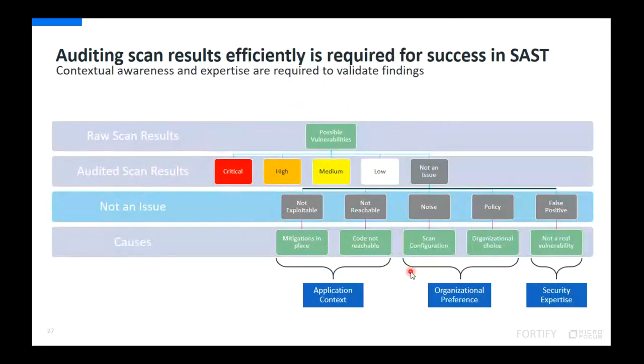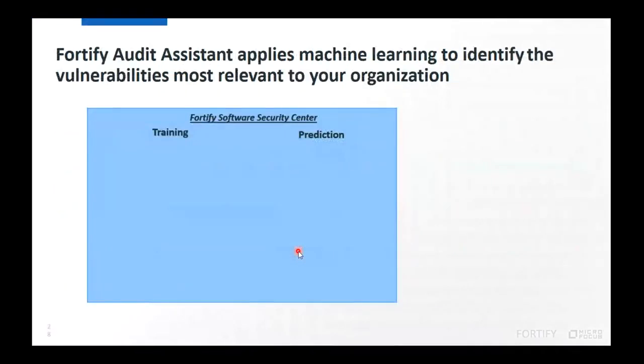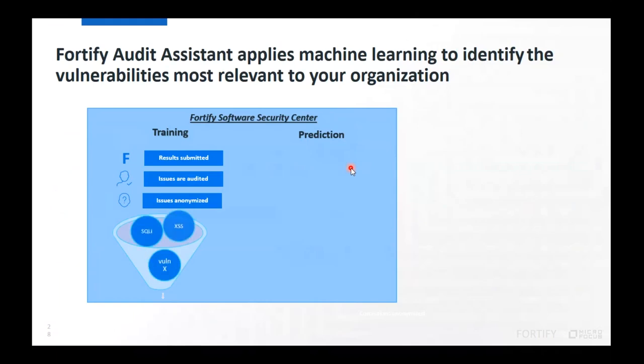This is the way the results will be classified: on the basis of critical, high, medium, low, not an issue. So we get a framework to whitelist. We also get an automated framework called Fortify Audit Assistant, which is a machine learning based, artificial intelligence based technology.